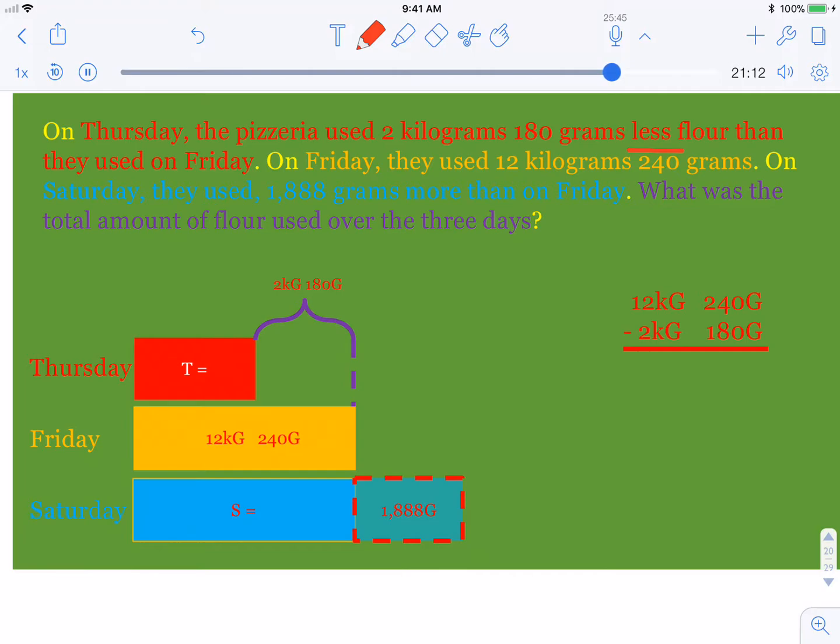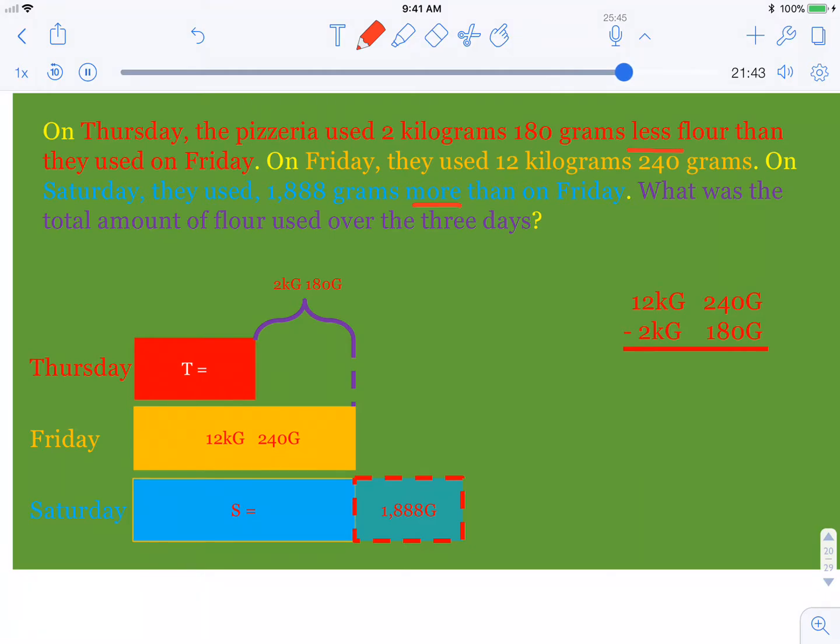12 kilograms, 240 grams. On Saturday, they used 1,888 grams more than on Friday. What's my keyword? More. So I drew a box the length of my Friday, and then I added on a piece because it's going to be more, and that piece is 1,888 grams.